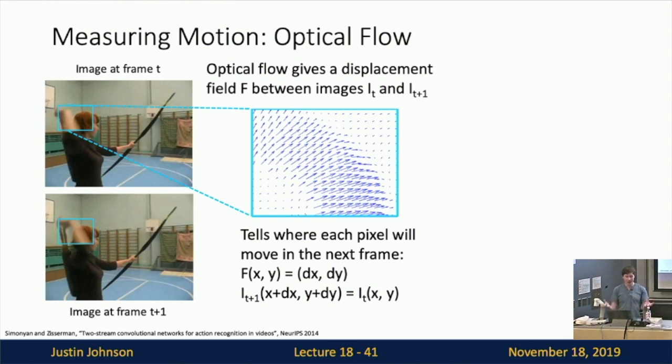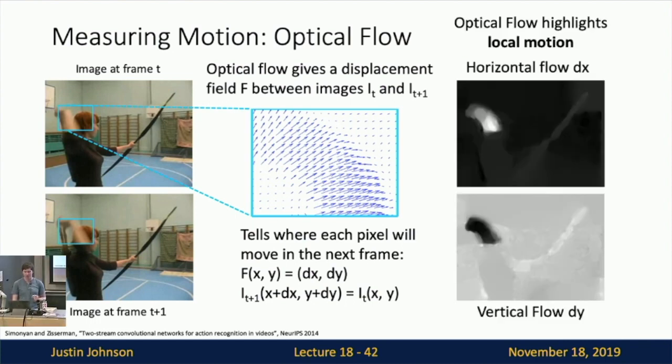There exist many algorithms for computing this, and lots of details about optical flow that we don't want to go into at this time. But basically, there exist algorithms for computing optical flow on input image frames, and optical flow gives us local motion cues about how pixels move between adjacent video frames.